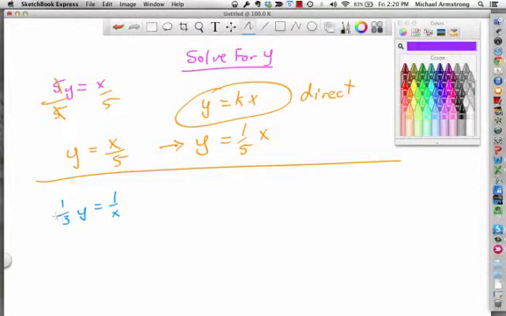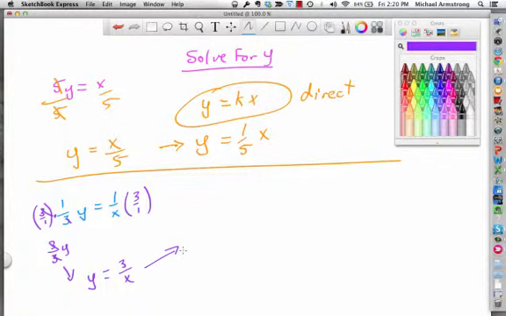So we have to multiply by 3 over 1 on both sides. 3 over 1 times 1/3 cancels through, it becomes 3/3, which becomes just y, because 3/3 is 1. So that leaves y, and then 1 times 3 is 3. X times 1 is just x, which is 3 over x.